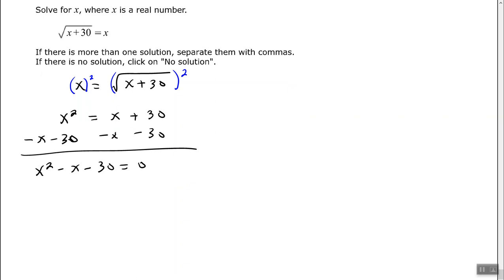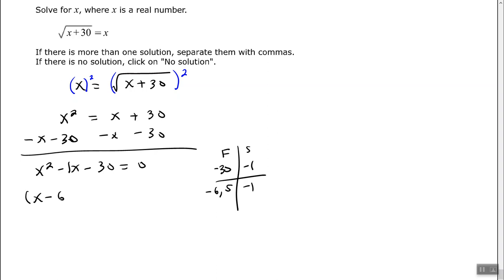Then we need to factor. I have 1 times negative 30, so I want to find factors of negative 30 that give me a sum of negative 1 in the middle. Again, I need a positive and a negative factor. Negative 6 times positive 5 equals negative 30, and negative 6 plus positive 5 equals negative 1. So negative 6 and 5 are the factors I'm looking for.